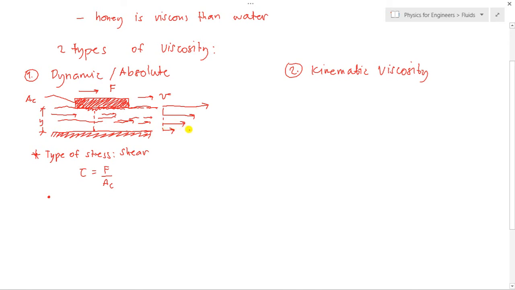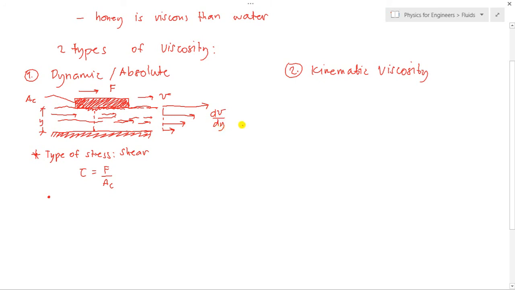So therefore, we can say that there is a relationship between the velocity and the height. So we can say that there is a gradient nga na form ani tungod kay as y increases, or the gap between the fixed plane and the flat plate mo increase, so may increase what ang velocity. So therefore, we have a gradient of the derivative of velocity with respect to the height.